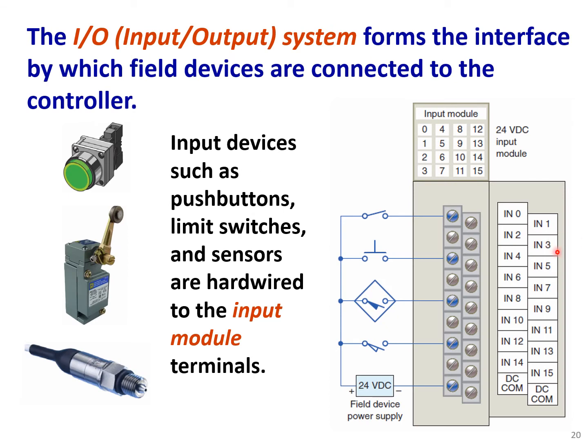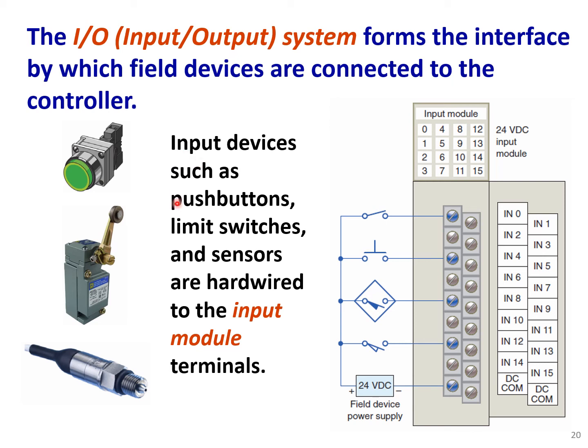The I/O system forms the interface by which field devices are connected to the controller. So here we have the input module, and here we have our field devices, let's say sensors, push buttons, limit switches, etc. All of them are connected to the input module of the PLC.